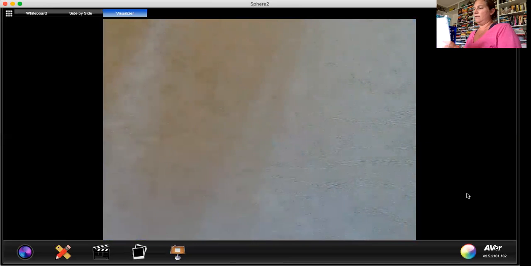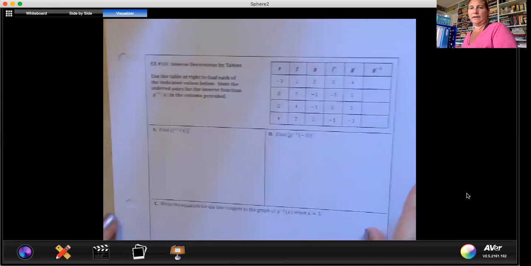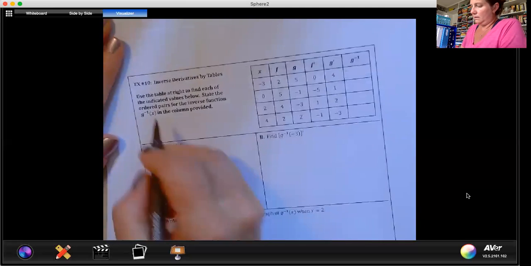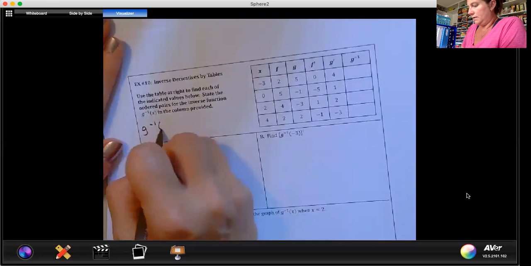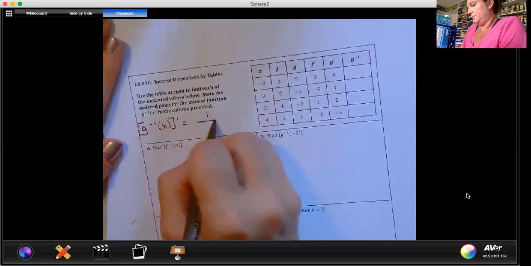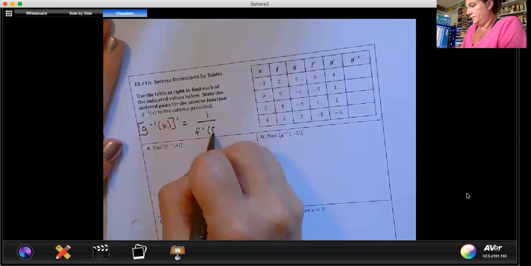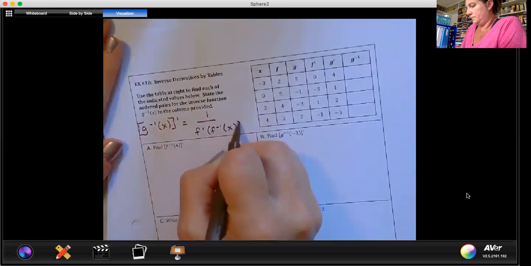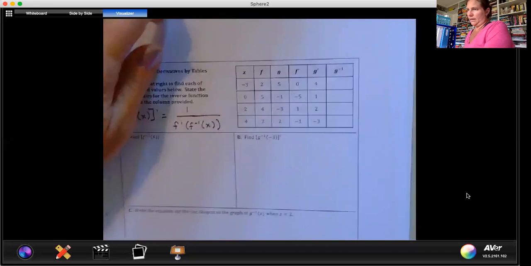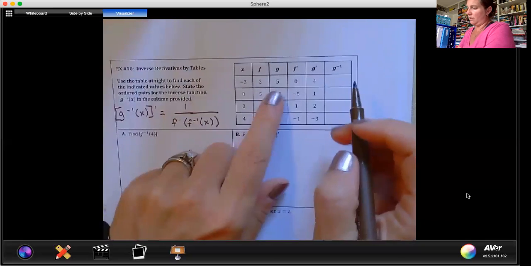All right, heading over to example 10, we have a table here for us to look at. So our formula, and we are going to switch our columns.